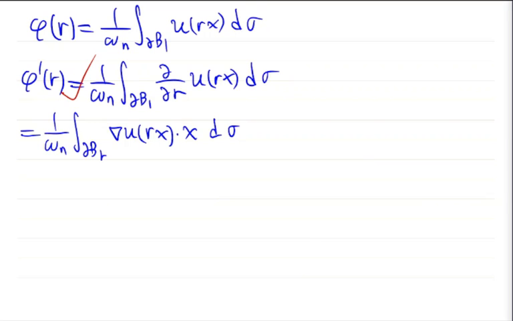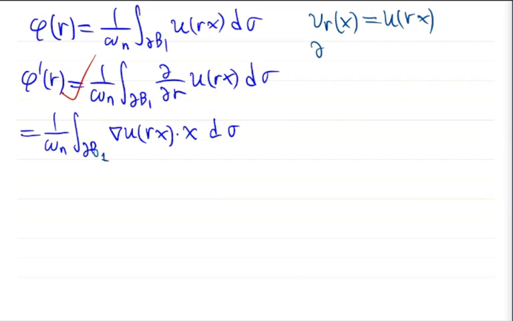Now, to continue our computation, we need to consider this function. Vr(x) is u(rx). Sorry, so many mistakes. This is a unit sphere.